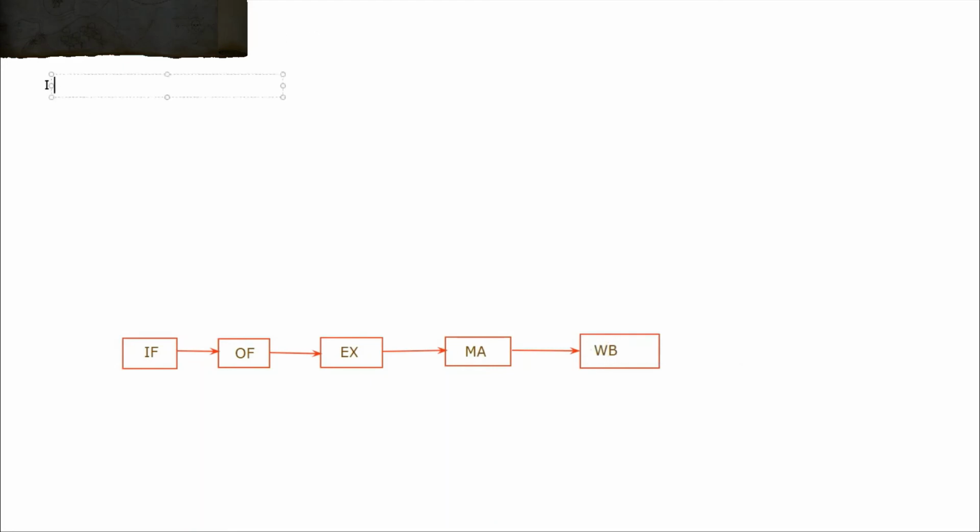So branch prediction. What does it mean? It means predicting the outcome of the branch in which stage? In the fetch stage.